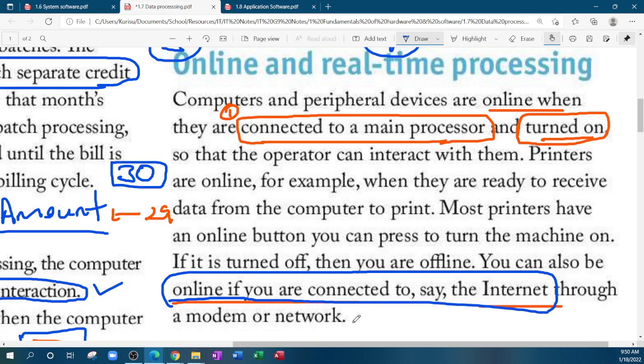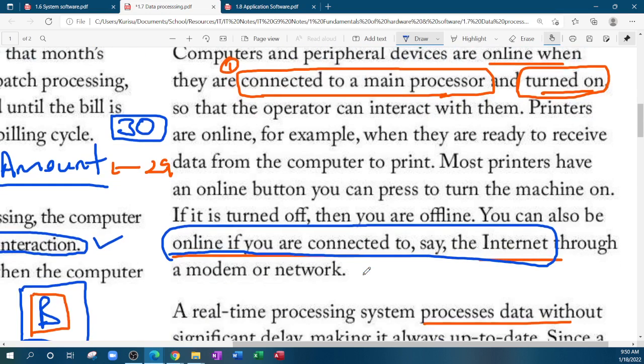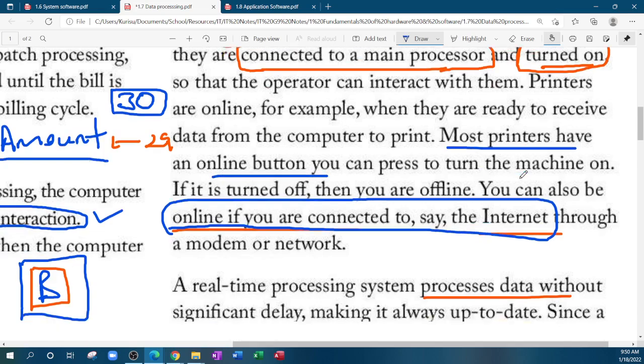So the fact that you're connected to the internet and you're connected to other devices, and you're communicating, means that your device is online. So that's all it basically means, that you're online. Your device is on and it is connected. So we have the example of your printer being on, and you're able to print from that printer.